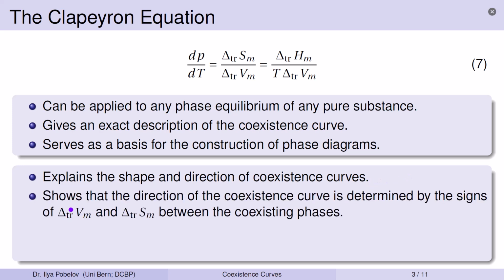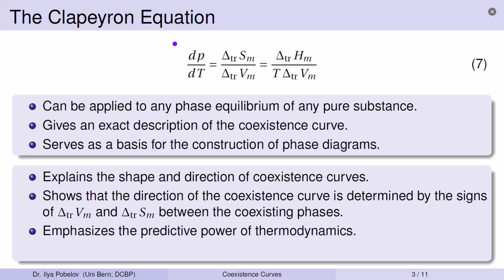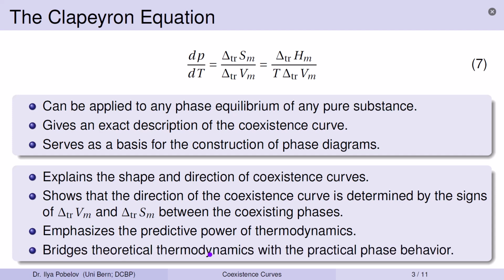For example, it shows that the direction of the coexistence curve is determined by the signs of the difference in molar volume and molar entropy between the coexisting phases. By explaining the course of the coexistence curves, the Clapeyron equation emphasizes the predictive power of thermodynamics and bridges theoretical thermodynamics with the practical phase behavior.